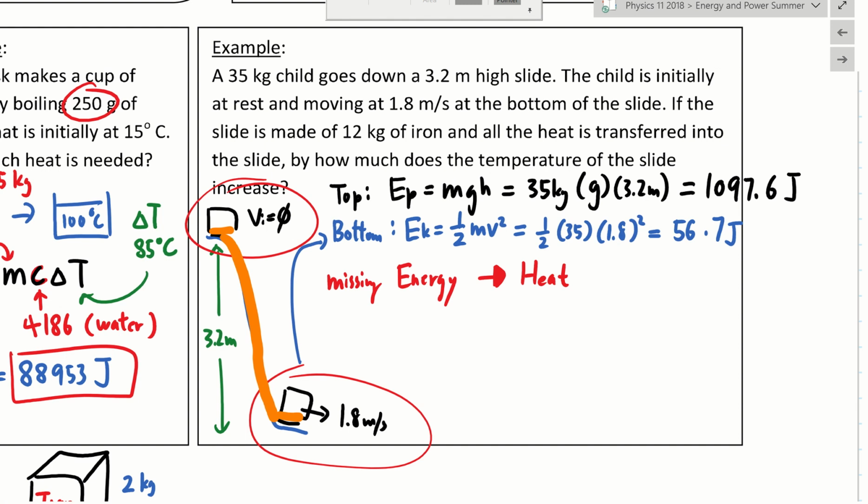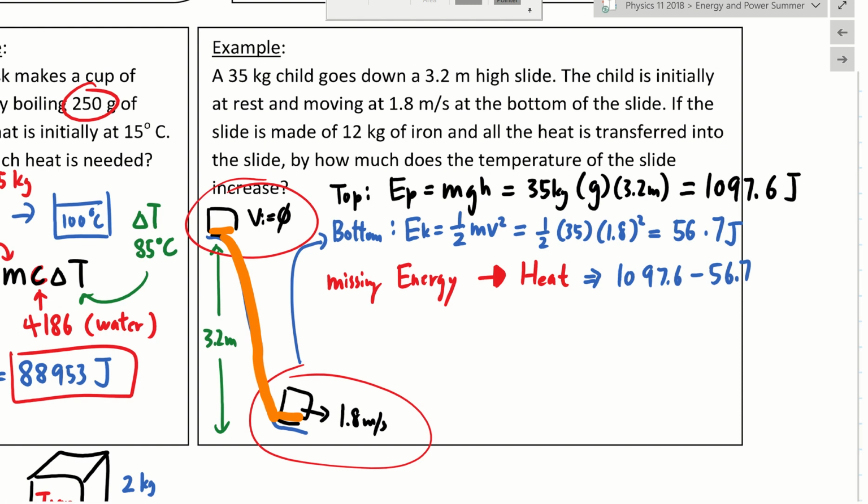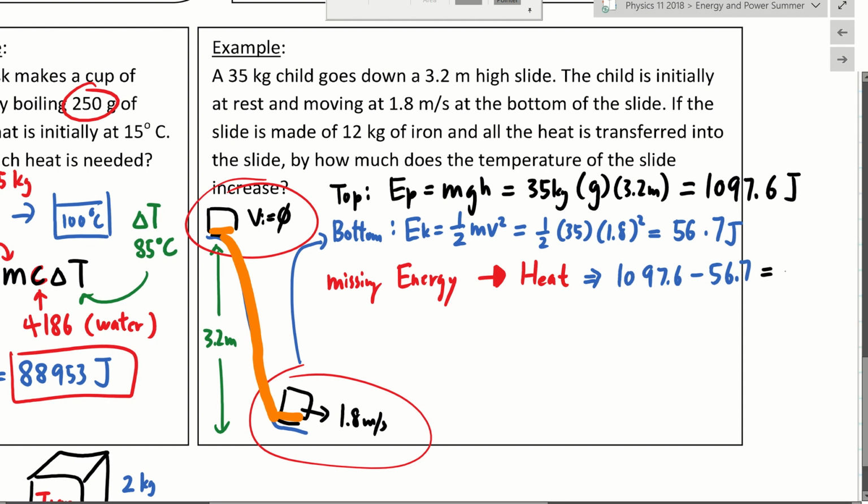Then we can find out what the missing energy is, the difference between them. 1097.6 minus 56.7, which is roughly, let's do roughly right now, 1041 joules of energy missing.